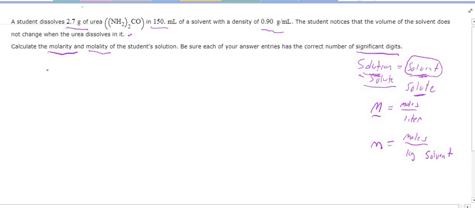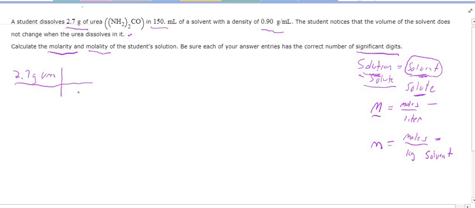Alright, so let's tackle this. We know that for both molality and for molarity, we need to calculate moles of urea. So let's just start over here. We have 2.7 grams of urea, and I need to get that to moles, and we've done that a lot.